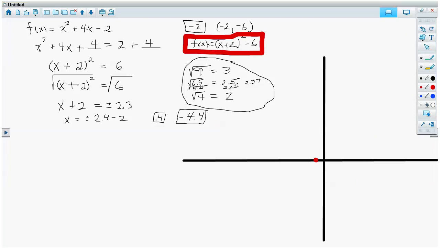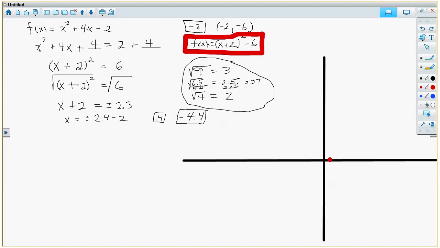Sorry. Is it 0.4? It's not negative 0.4? It's plus 2.4? You're right. It's positive. Yeah, positive 2.4, right. I just put it on the wrong side. And negative 4.4. 1, 2, 3, 4. 4.4 would be right in there.